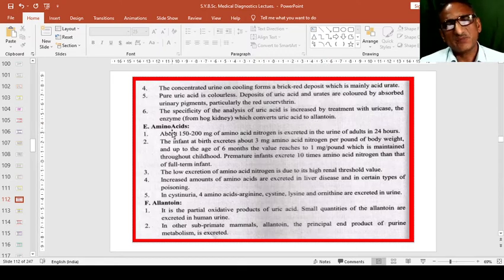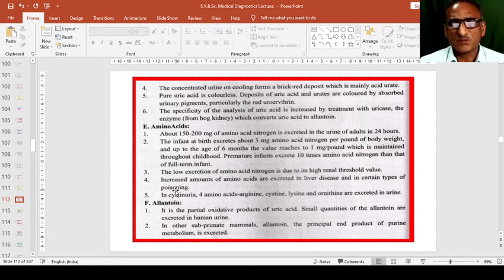Next constituent is amino acid. About 150 to 200 milligrams of amino acid nitrogen is excreted in the urine of adults in 24 hours. In infants, it excretes about 3 milligrams, and up to the age of 6 months it reaches 1 milligram per pound.